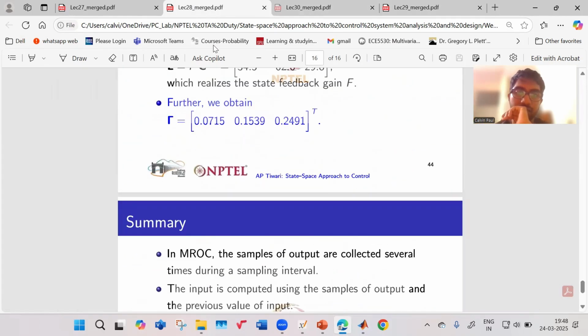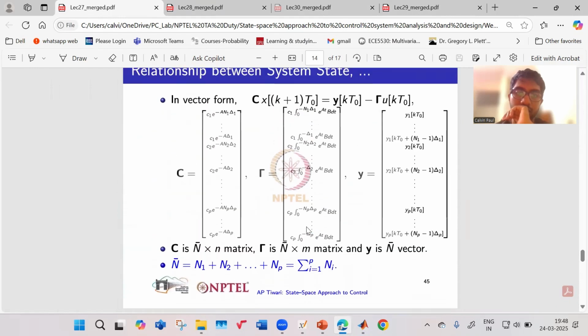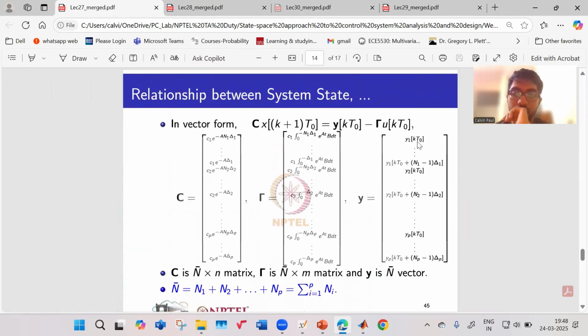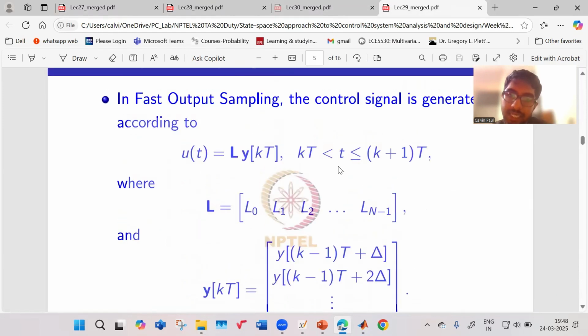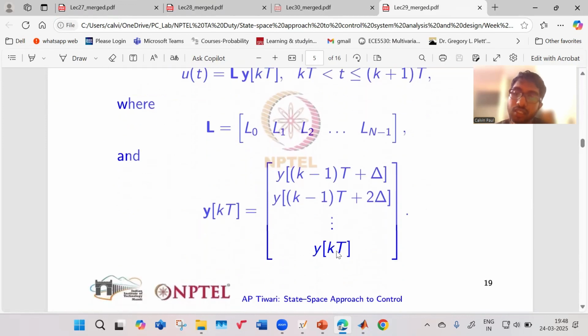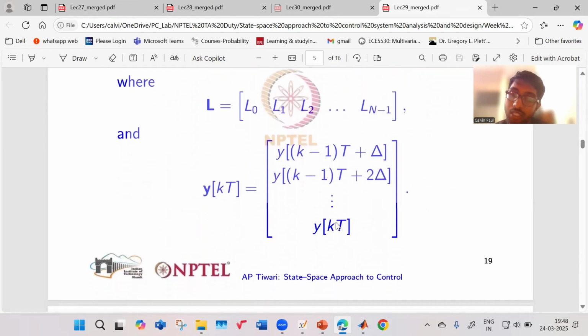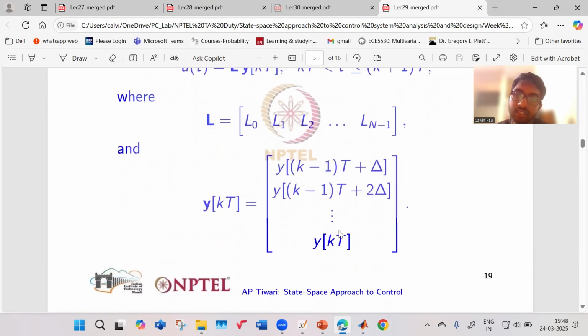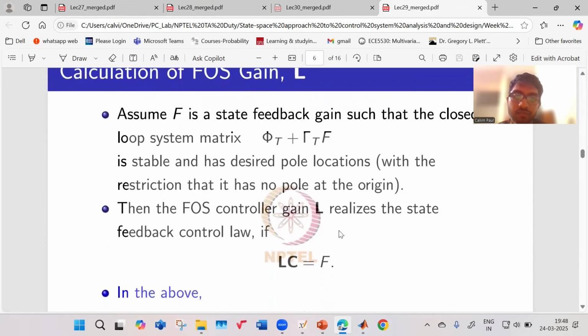And let's see lecture 27. The y1 of KP0 to n1 minus 1 into that one. Y2 of KP0 to n minus 1 delta. So it will depend on the previous samples. But in this case, it depends on the current output as well, which I think is a bit problematic.